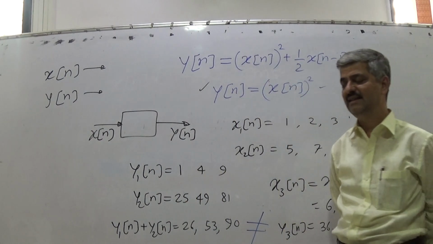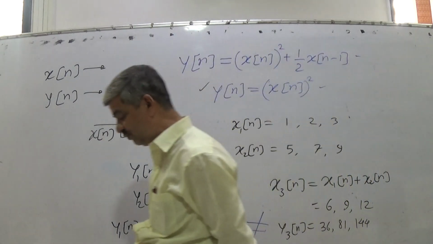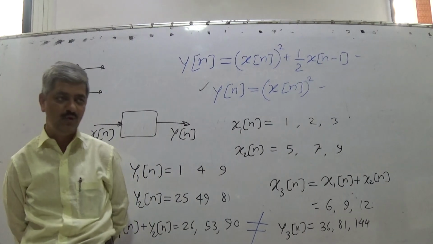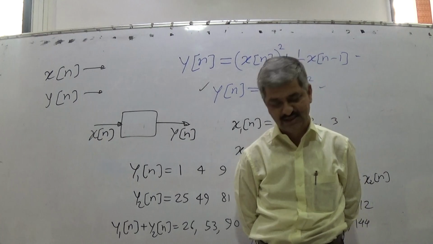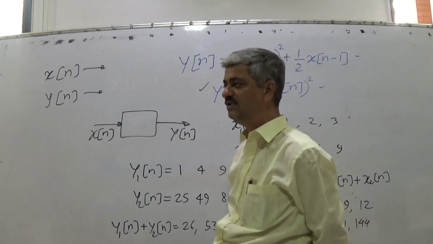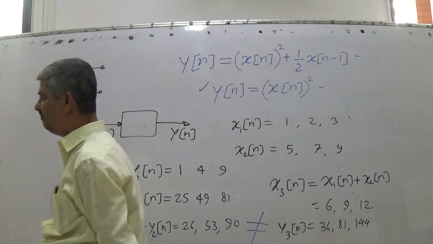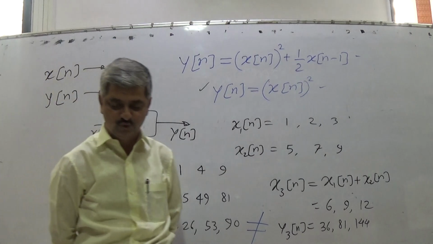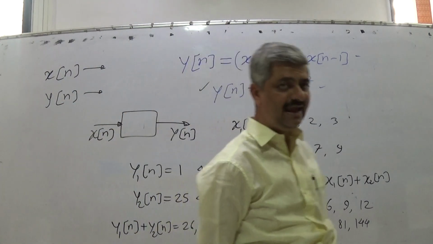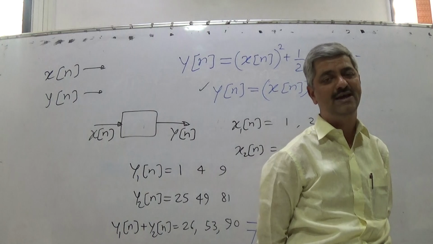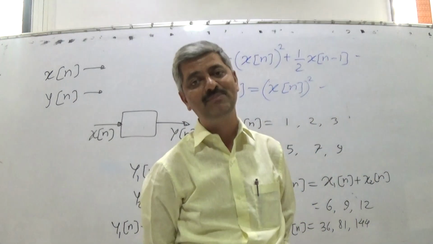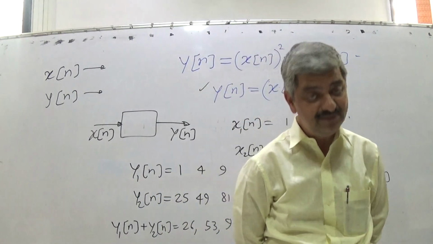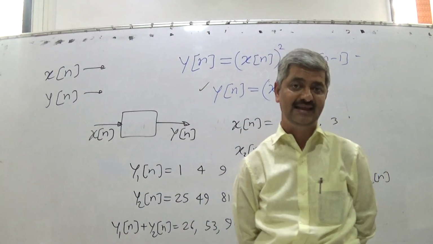If x1[n] produces y1[n], and x2[n] produces y2[n], and I have a sequence generated using a linear combination of x1[n] and x2[n], that is a x1[n] plus b x2[n], say 2 x1[n] plus 3 x2[n], which can be x3[n], and I apply x3[n] to the system, then the system will generate y3[n].